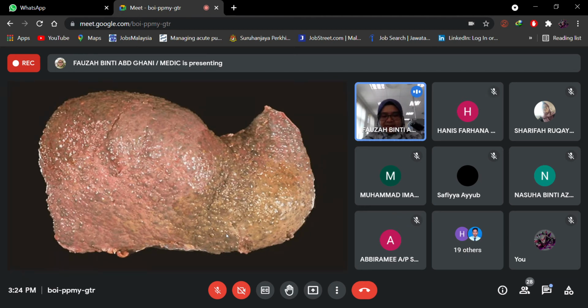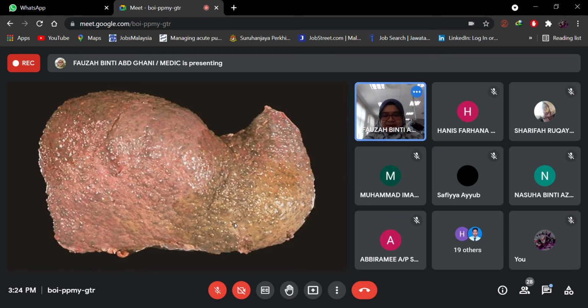Inside the liver there are intrahepatic bile ducts and extrahepatic bile ducts, which all drain to the common bile duct and then release into the system. So if there are any problems with the liver, the bile can also accumulate, other than the hepatic enzymes.